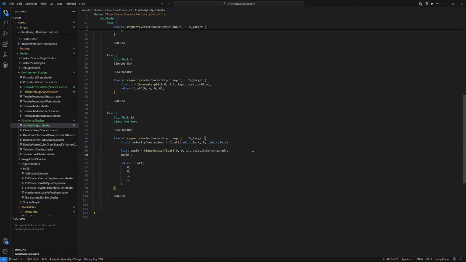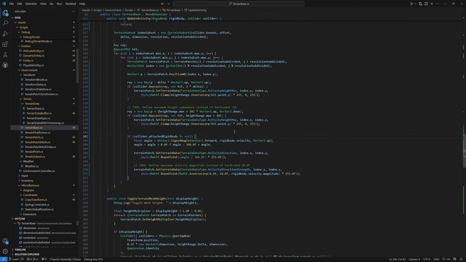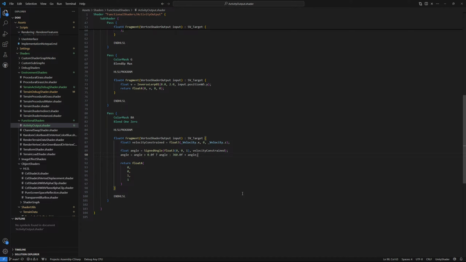Angle is equal to, and then we want to do this. So when we output the angle, one sec.